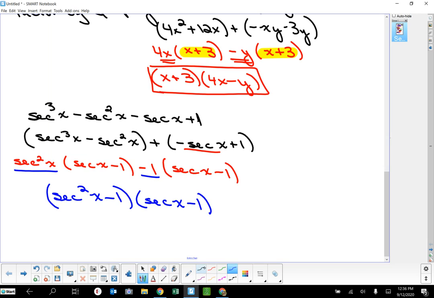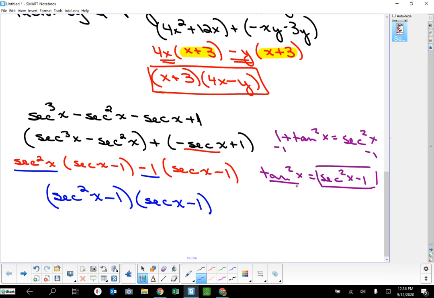And if you recall, again, from the Pythagorean identities, I don't remember which form of this you had, but 1 plus tangent squared x equals secant squared x. And if I remove the 1 from both sides, I now have tangent squared x equals secant squared x minus 1. So secant squared x minus 1 equals tangent squared x.